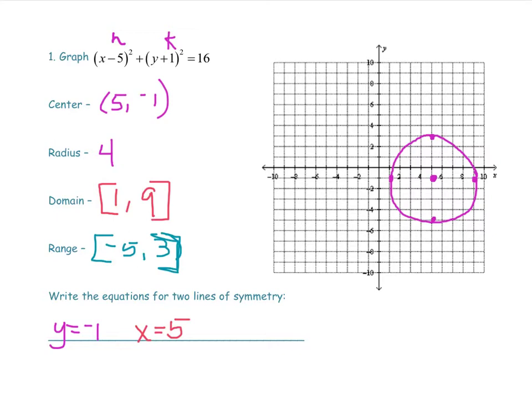Now, I would like to show you one more that may not be quite as obvious. Now remember, we said any line that goes through the center could be an axis or line of symmetry. So what if we had a line that went like this? That would be a line of symmetry. And here's the equation for that line.